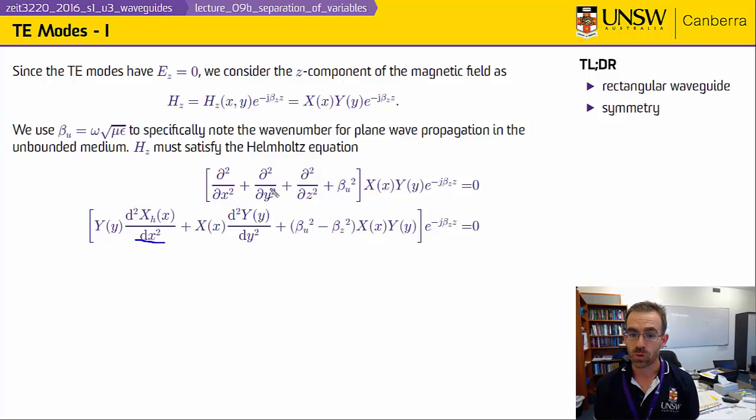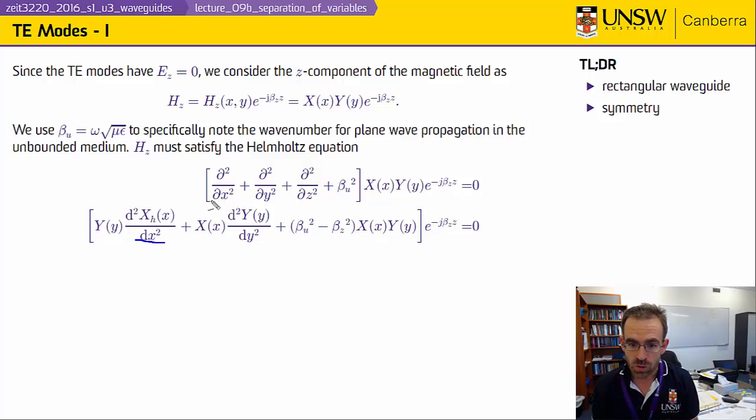The partial derivative with respect to y only operates on Y. For the partial derivative with respect to z, I take two derivatives of that function, and that's going to give me minus j beta sub z squared.